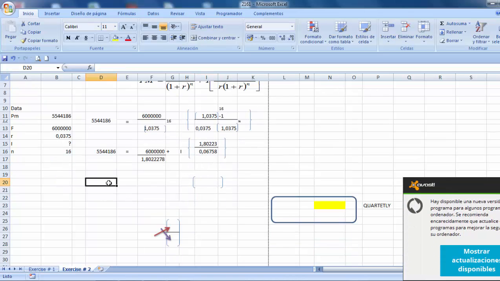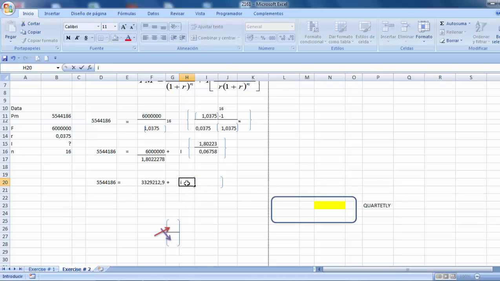We take the PM equal to the value of the bonds, plus I, and multiply by 1.80 divided by 0.06 that we obtained by dividing these two values.